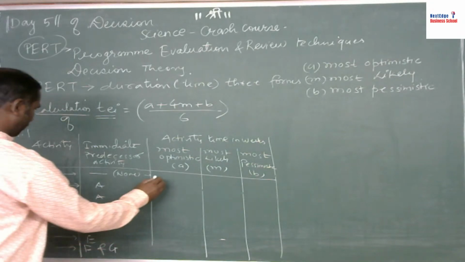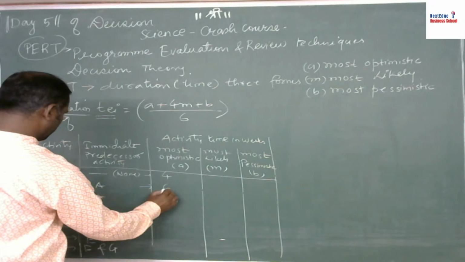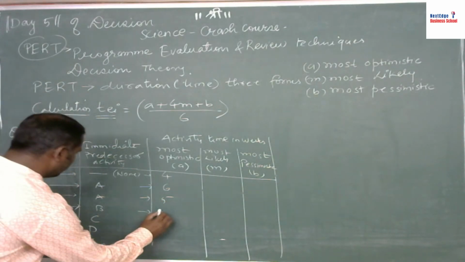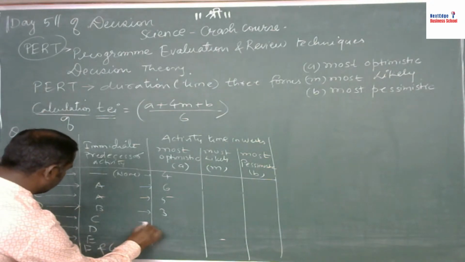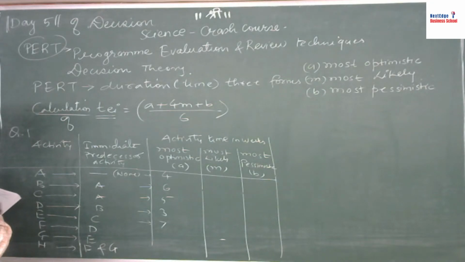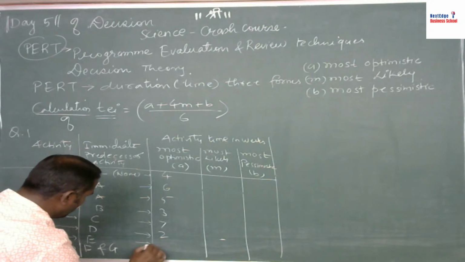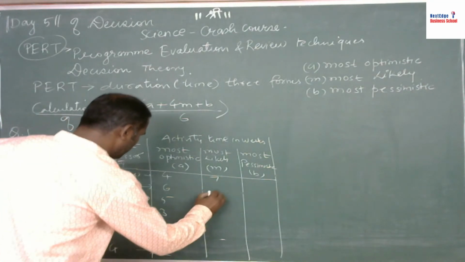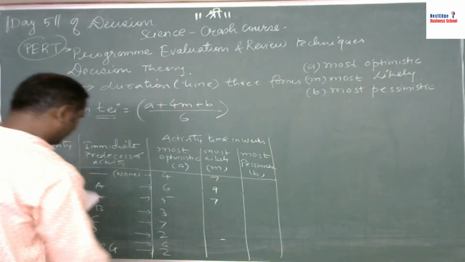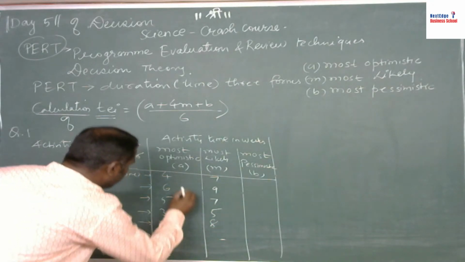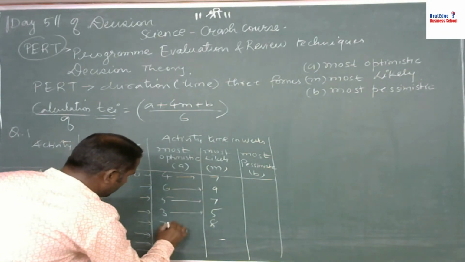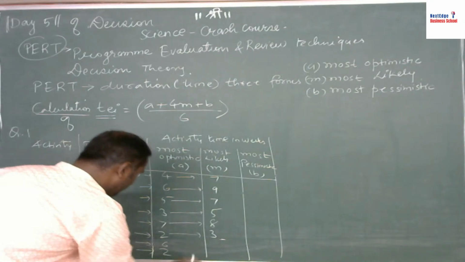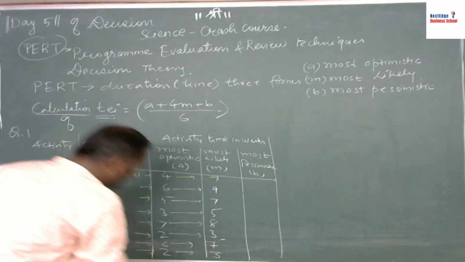The timing I'm writing here. Most optimistic times: 4, 6, 5, 3, 7, 2, 6, 2. Most likely timings: 7, 9, 7, 5, 8, 3, 7, 3.